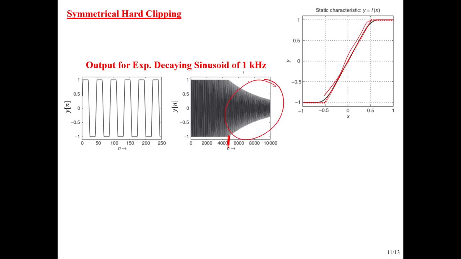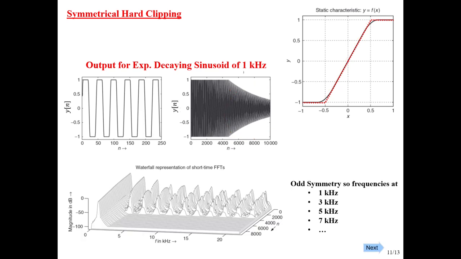And so now this is just the perfect exponentially decaying sinusoid. And so here is our spectrogram. Right around where we expect, everything stops. But prior to that, things kind of stay the same. There's a little bit of fluctuation, but not too much. But again, we still have an odd symmetry, so we still get our odd harmonics of that.